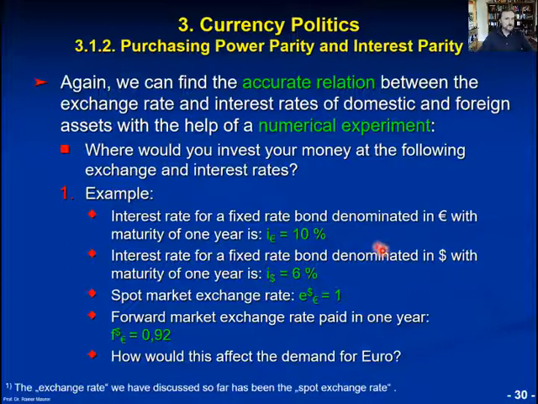At the same time, the interest rate for a fixed rate bond denominated in dollar with a maturity of also 1 year is 6%. The spot market exchange rate is $1 per euro, and the forward market exchange rate paid in 1 year is $0.92 per euro.